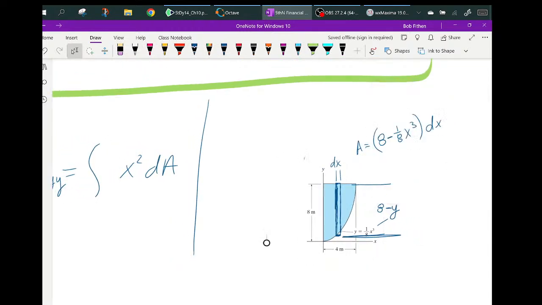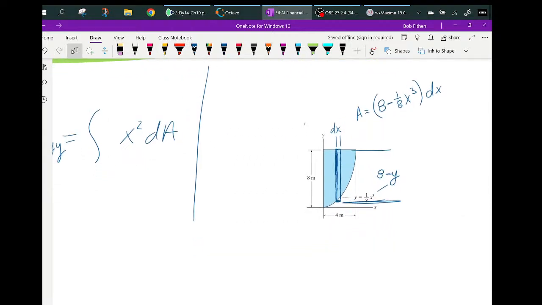So then what he's going to want to do, this is him in the way he's doing things, where he basically sets up this little area here. And then he basically says equal to the integral x squared and the d area.